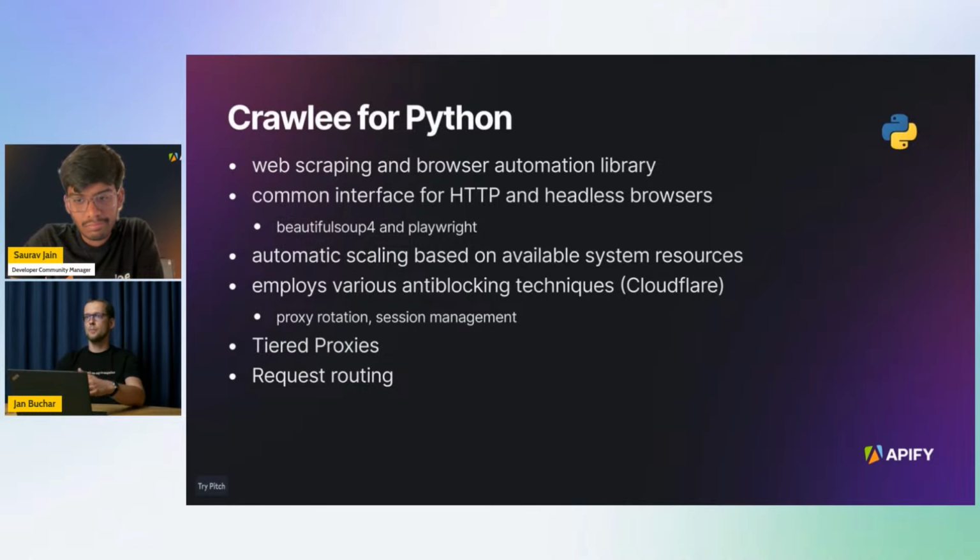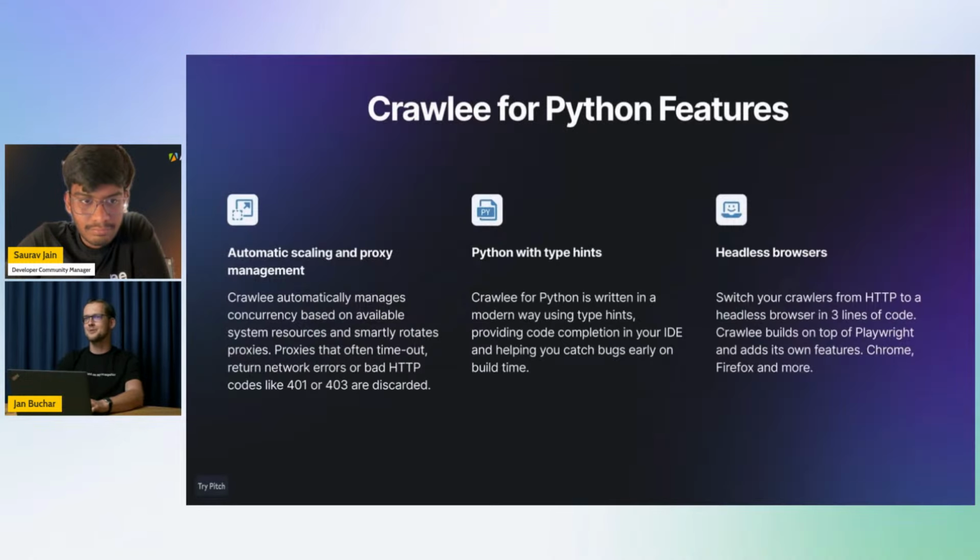And Crawlee can pick the tier that's the cheapest but good enough to avoid getting detected. So if you have well-structured proxies, you are scraping at the optimum cost. There's also request routing, which helps you structure your scraping code better.